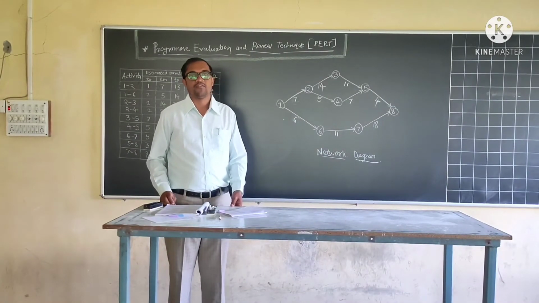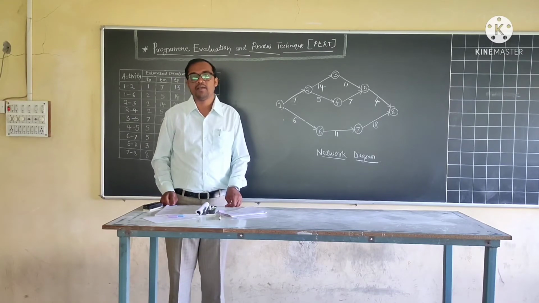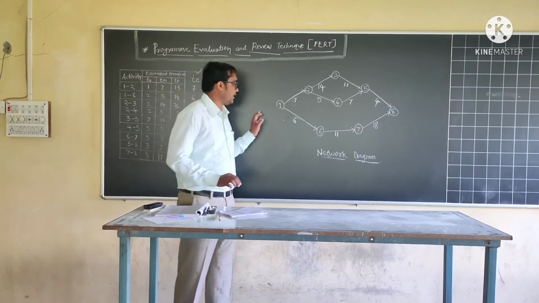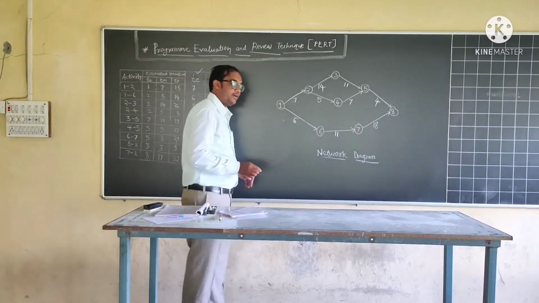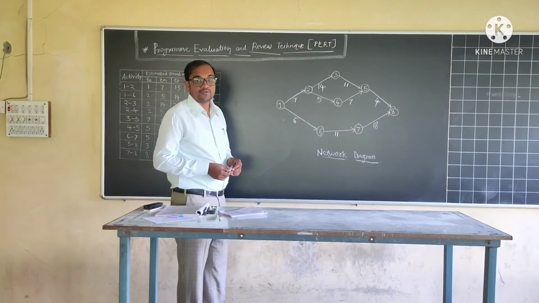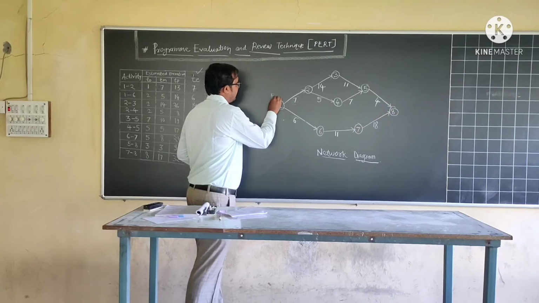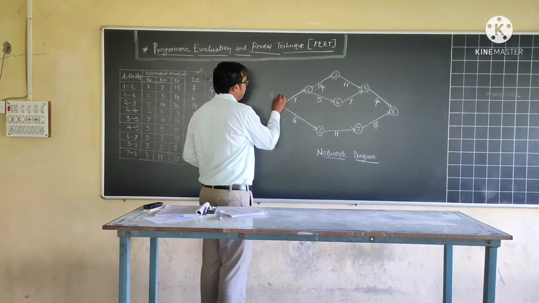Now we will calculate the values of TE and TL, that is earliest start time and latest allowable time. Depending upon the data given and the plotted network, we will first calculate the values of TE with the help of the forward pass method. As usual, at the 0th day TE is equal to 0.